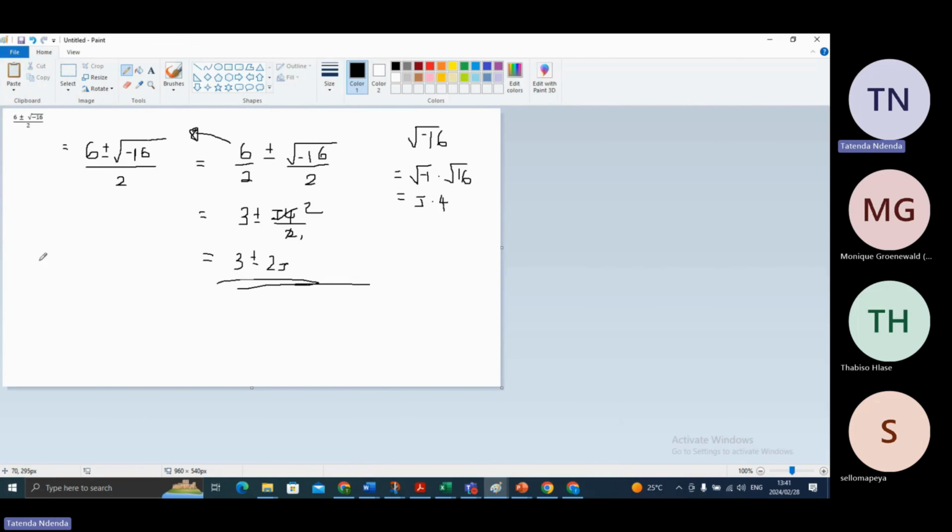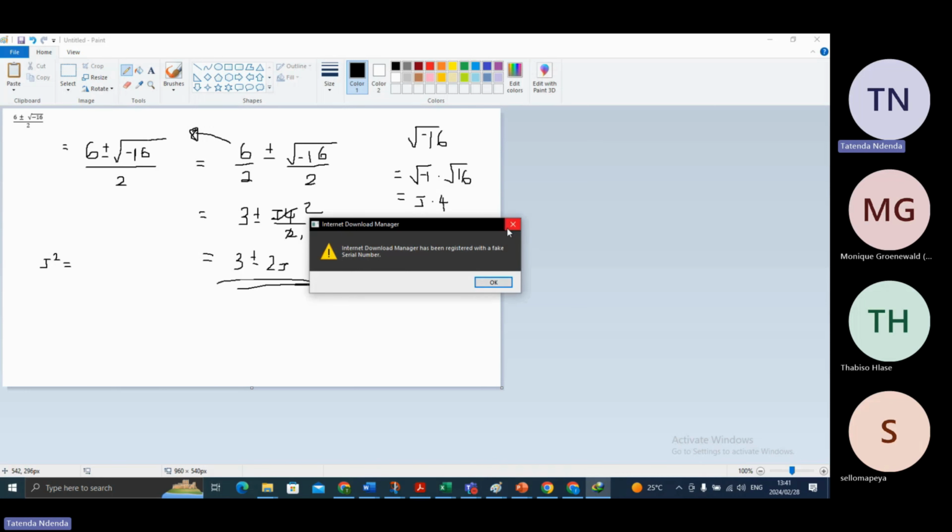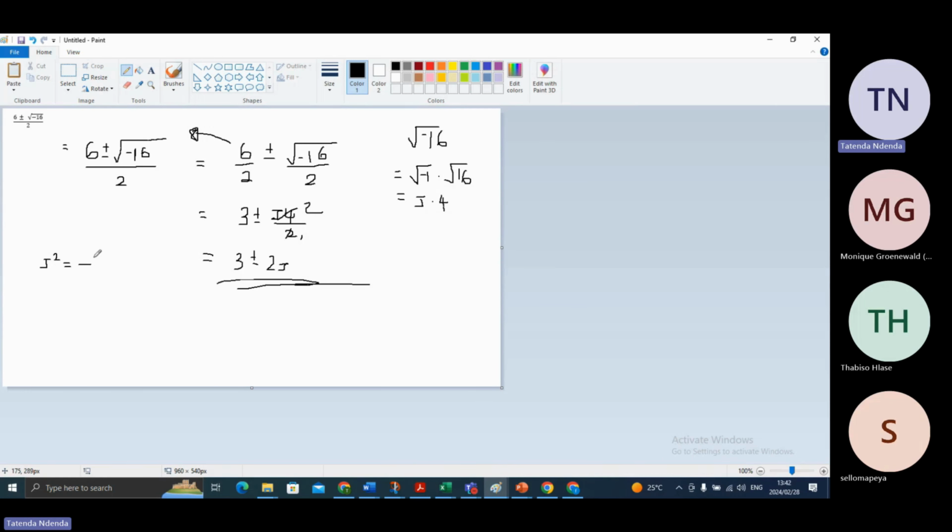So we are saying j squared is equal to what? Negative 1. Remember, guys, that first we're having root of 1, right? Is equal to what? To j. So we know that this is going to be 1 to the power of 1 over 2, right? Is equal to j.